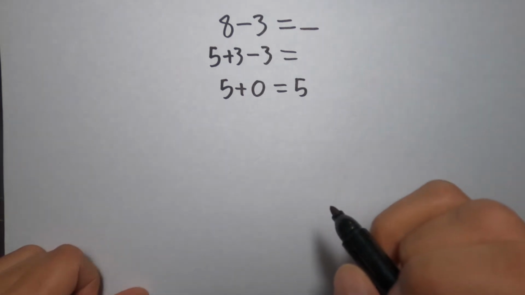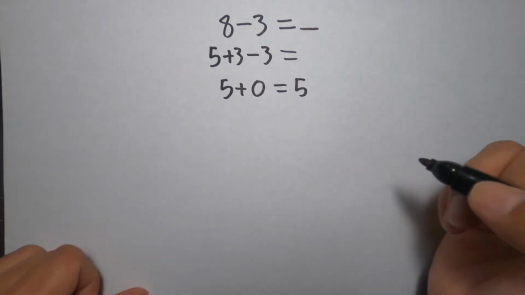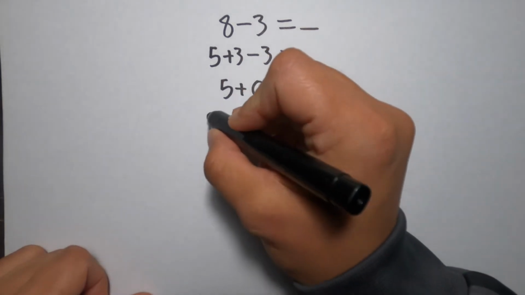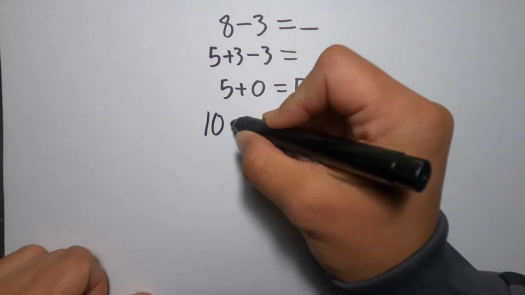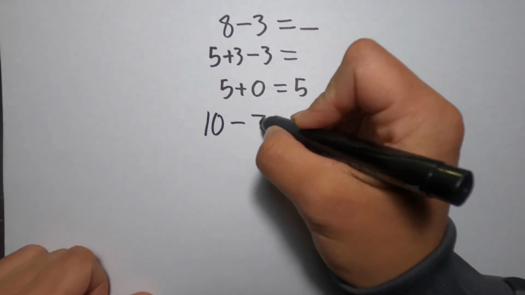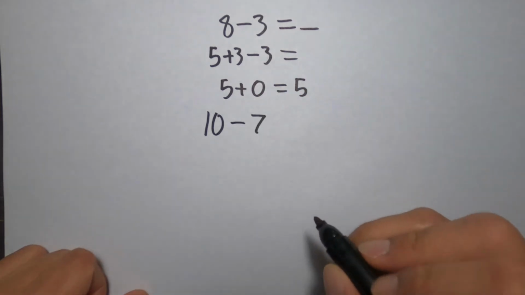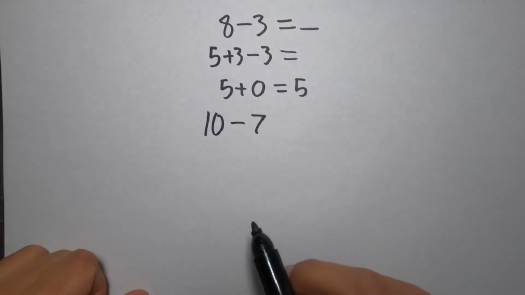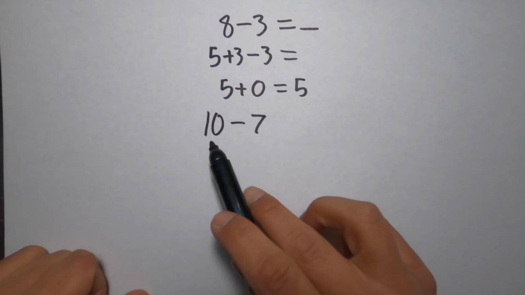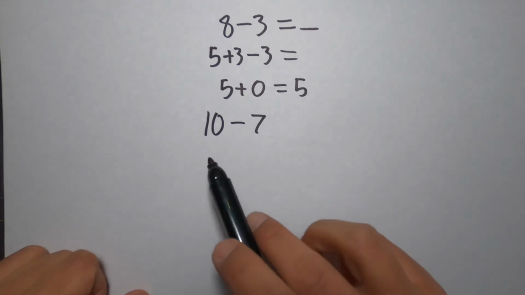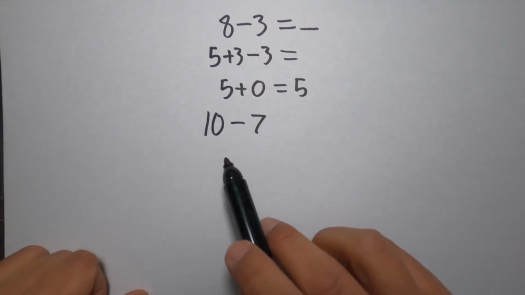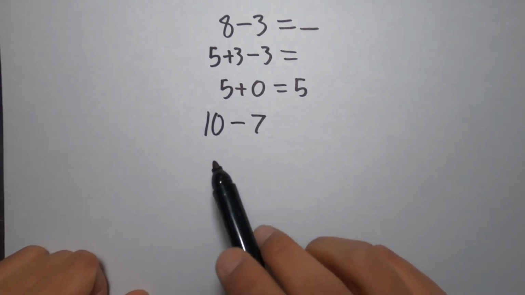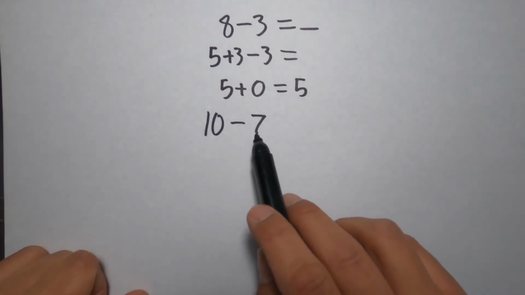Another way we can show this, where it can be slightly more complicated, is if you have something like 10 minus 7. Now this is going to become a little bit more tricky. So let's look at what makes up 10. What plus what will equal 10? Better yet, we know 10 is larger than 7.